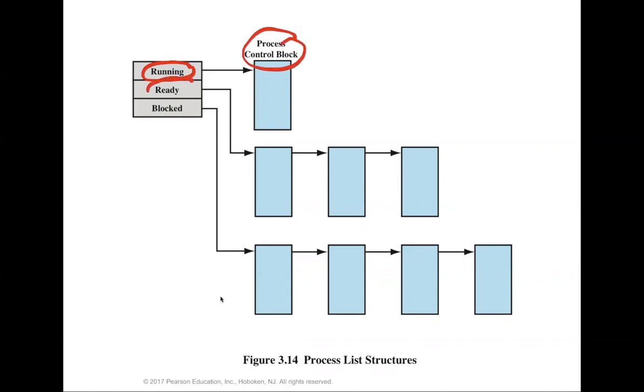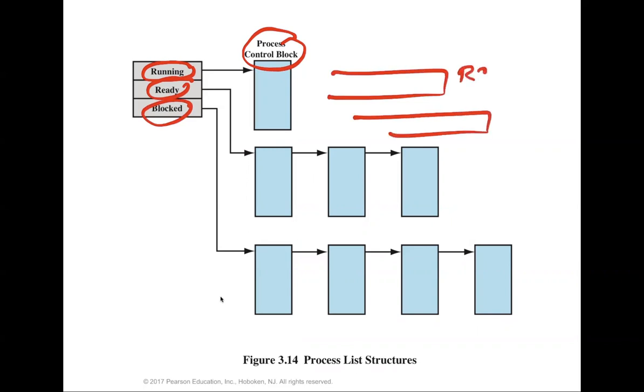But when the process is in the ready state or even in the blocked state, we know that we are creating a ready queue versus a blocked queue. Processes could line up in first come first serve. So this is the process control block for process one, and this is the process control block for process three. Maybe this is the process control block for process seven, while the process control block for process two is stored here.